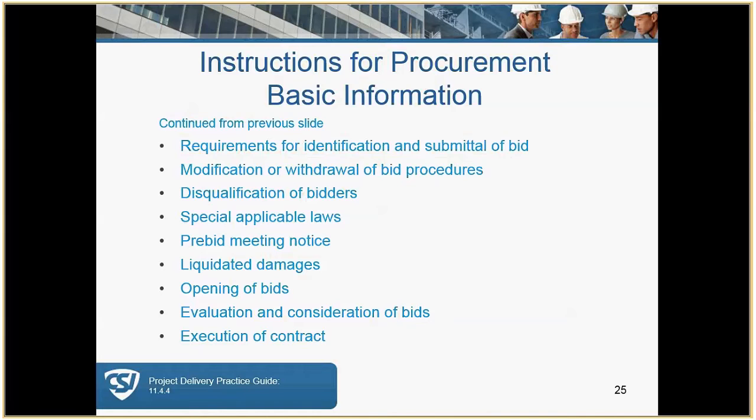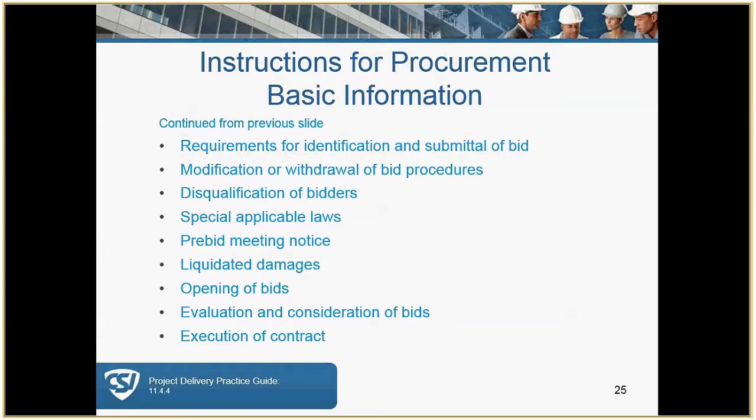Keep in mind that, yes, it is complicated. You do need to have all these items in there. They're there to protect both the owner and the bidder. But you also need to make sure that it's simple enough as not to disqualify a single one or even multiple bidders for misunderstanding what you're writing in your bidding or procurement requirements.